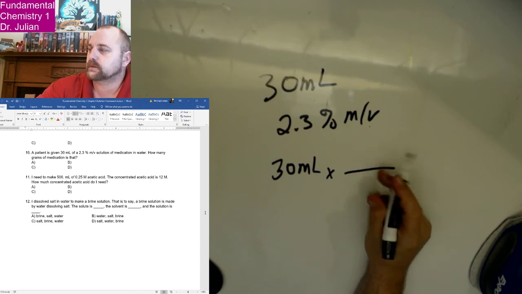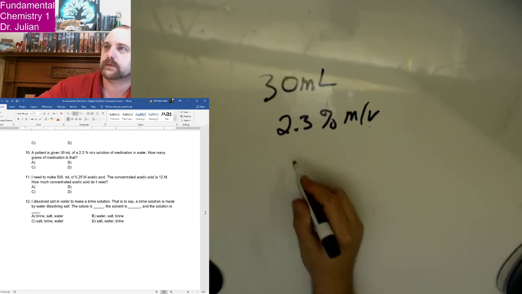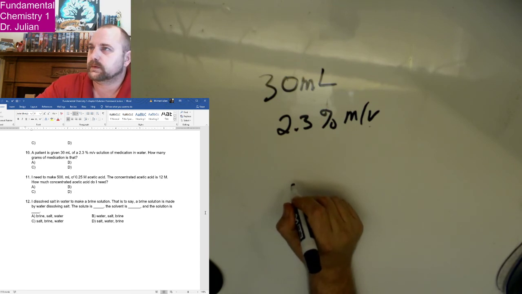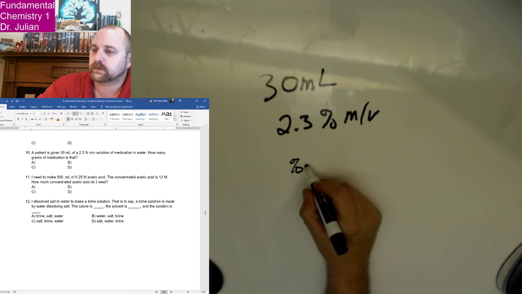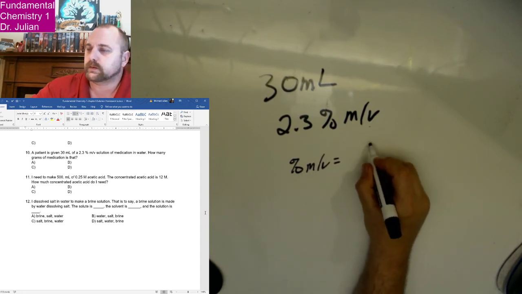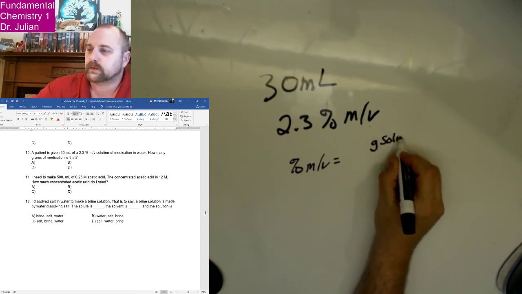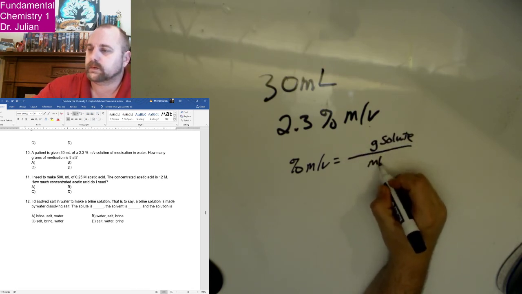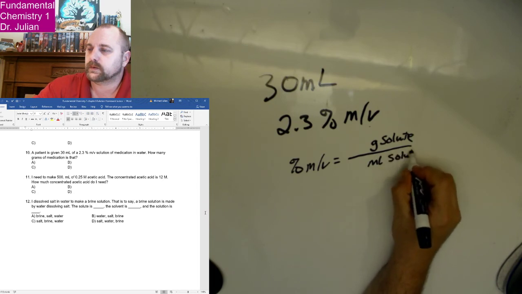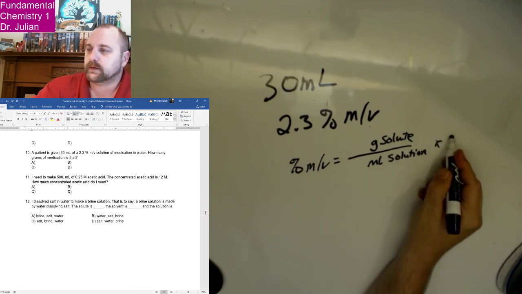Let's just write what this is. Percent mass over volume is grams of solute over milliliters of solution, times 100.